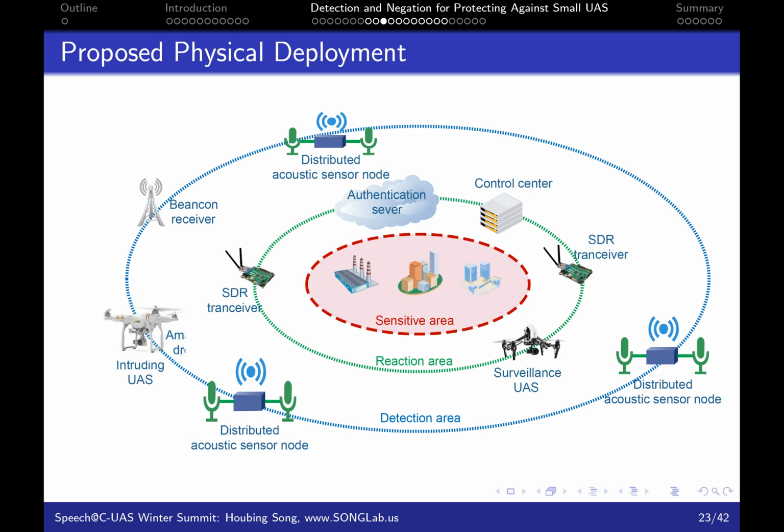For the detection area, we will deploy distributed acoustic sensor nodes. Here also, a beacon receiver. The next one, the inner circle, is a reaction area. We will use a software-defined radio transceiver. Also, we can use a surveillance UAS, control center, authentication server, and such. The innermost circle is the sensitive area.